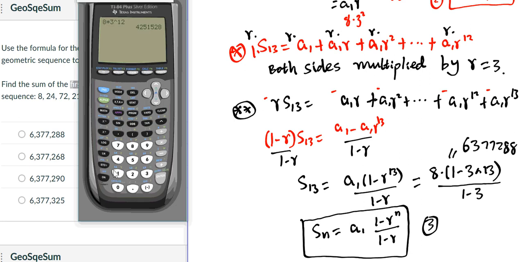Turn on your calculator, and what you do is 8 times parentheses 1 minus 3 to the exponent 13, divided by, you do not want to write 1 minus 3 with a bracket, you just do parentheses -2, because you know 1 minus 3 is -2. And then you hit enter.